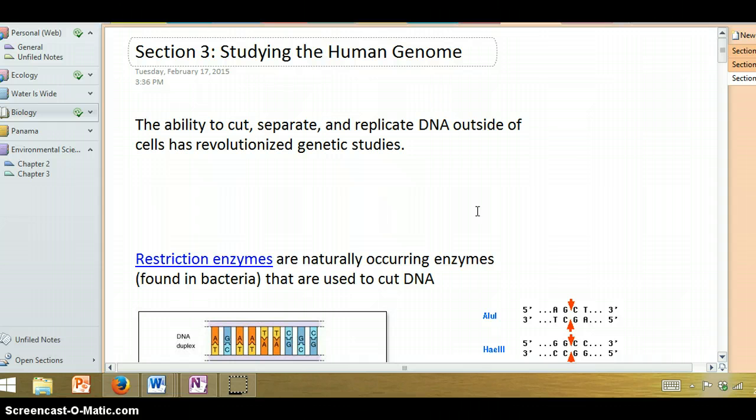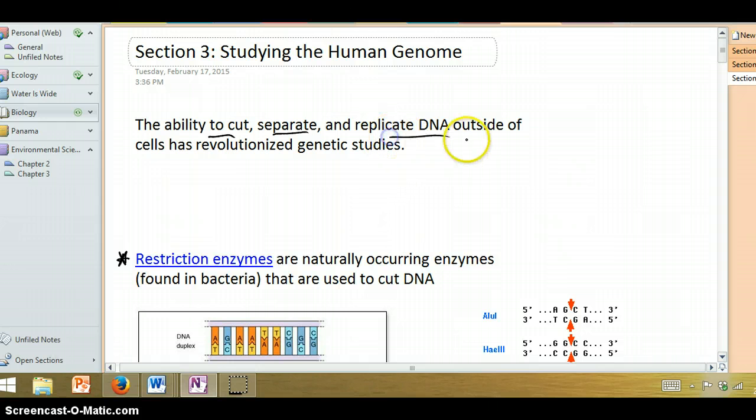So there are these enzymes called restriction enzymes that allow us to cut up DNA. And so that ability to cut DNA, and then we're going to talk about this technique called electrophoresis, where we can separate pieces of DNA.